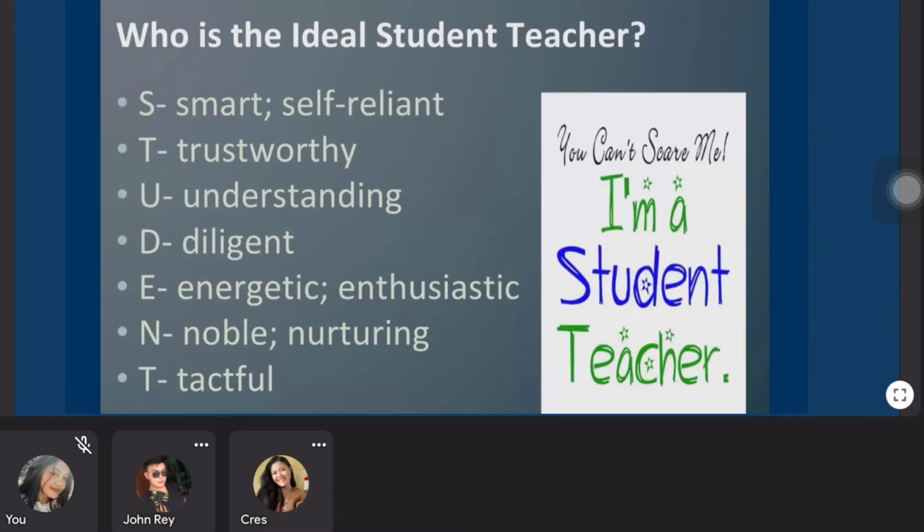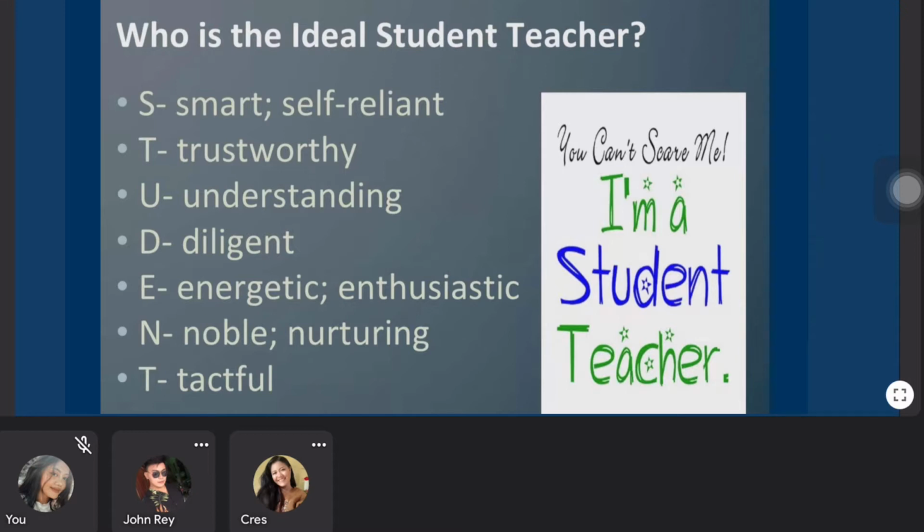So this is the acronym for student teacher. If you are an ideal student teacher, you are smart and self-reliant. That means you are smart enough, knowledgeable enough to deliver knowledge to the students, to deliver effective learning to the students, and you are self-reliant.